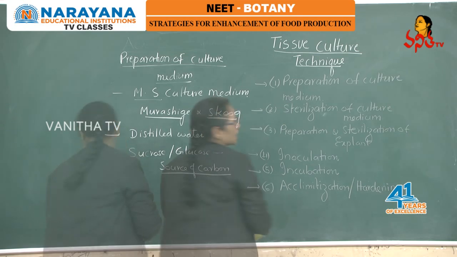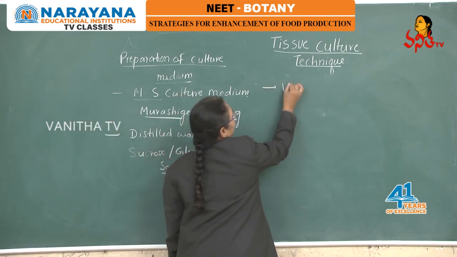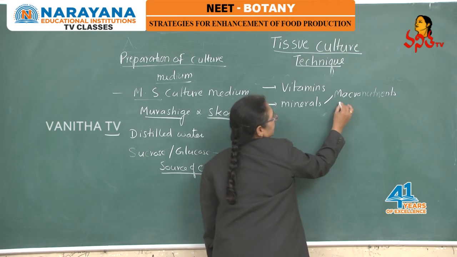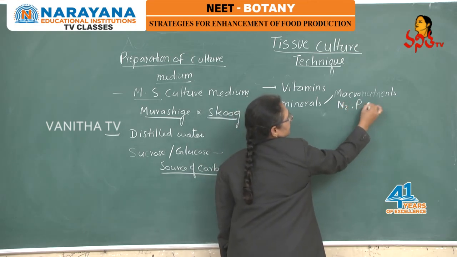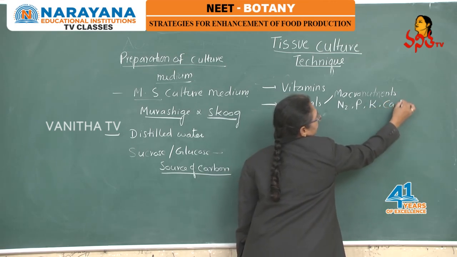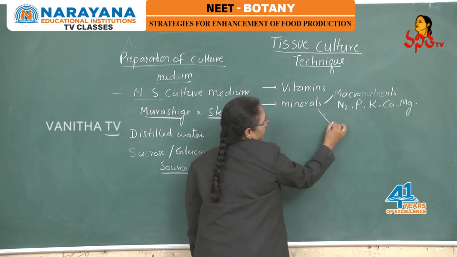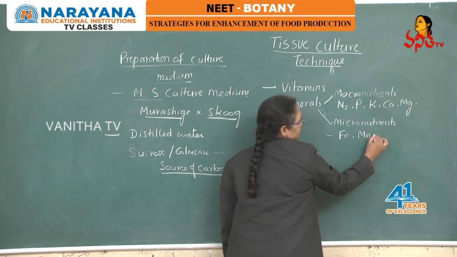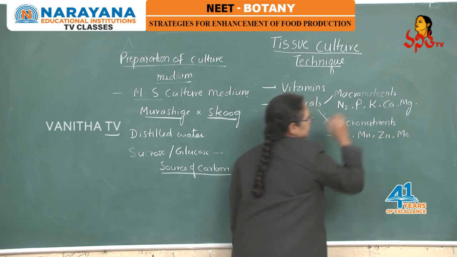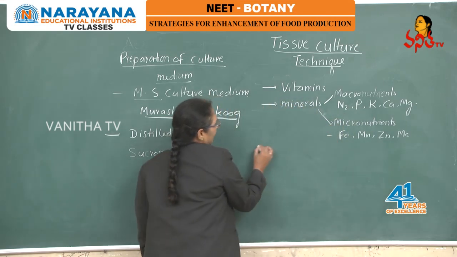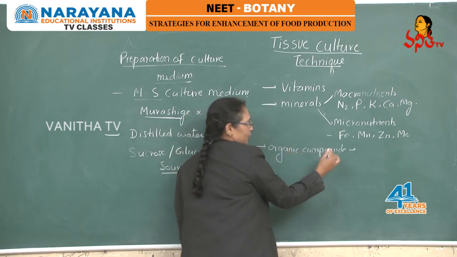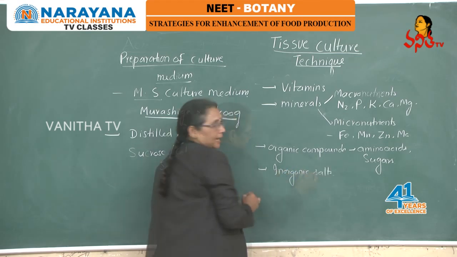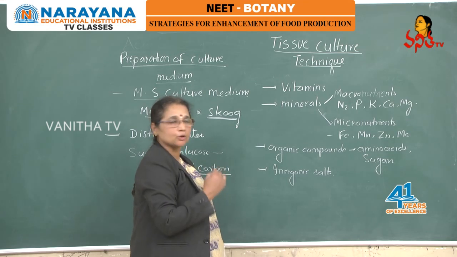Other essentials are vitamins and minerals, both macronutrients having nitrogen, phosphorus, potassium, calcium, magnesium, etc., and micronutrients having iron, manganese, zinc, molybdenum, etc. All these required minerals, and organic compounds like amino acids, sugars, inorganic salts, and mainly the basic requirement, plant growth regulators.